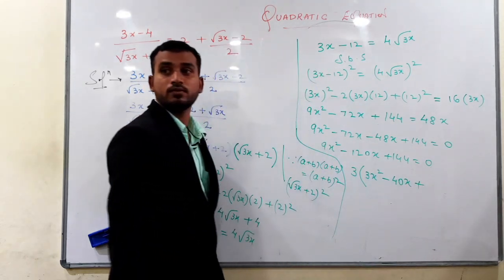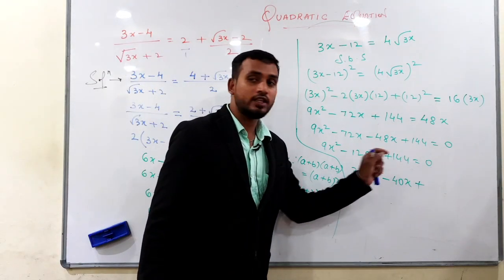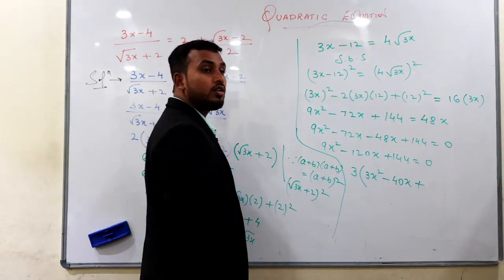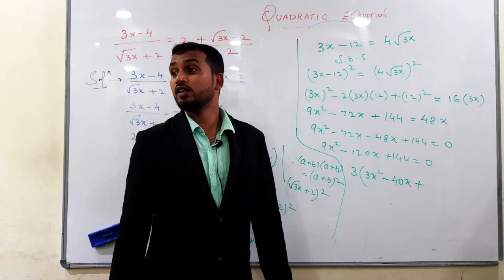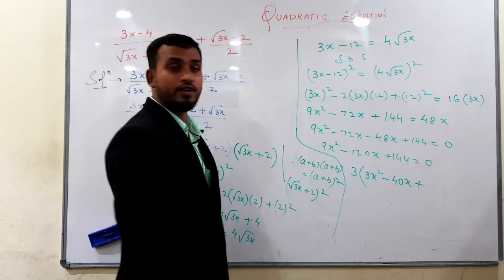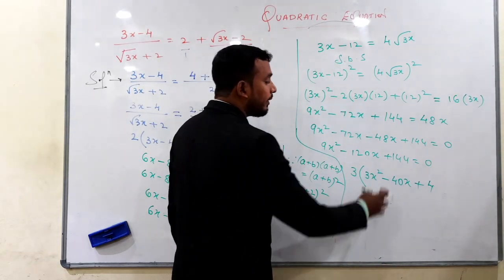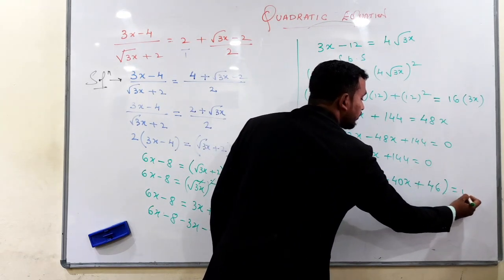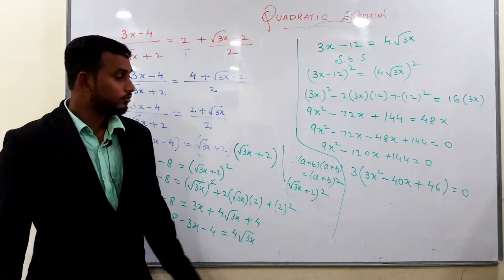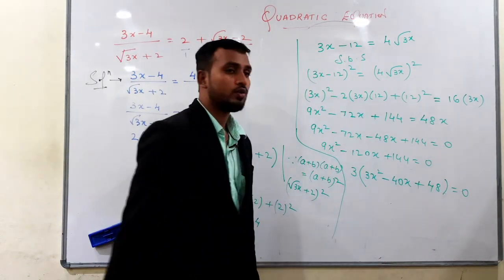Plus, 3 multiplied by what is 14? 3 4s are 12, 3 5s are 15, so we go with 3 4s are 12. What is remainder? 2. 3 6s are 24, equals 0. 3 8s are 24.